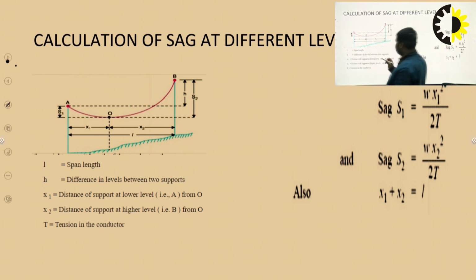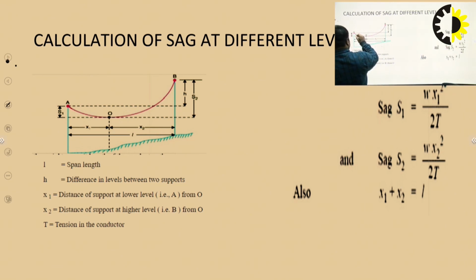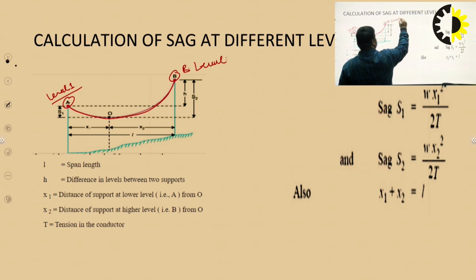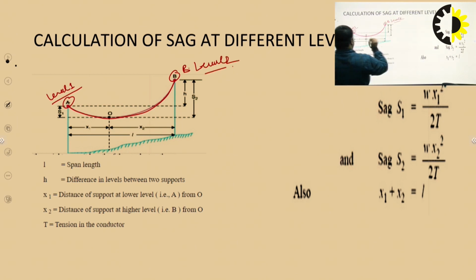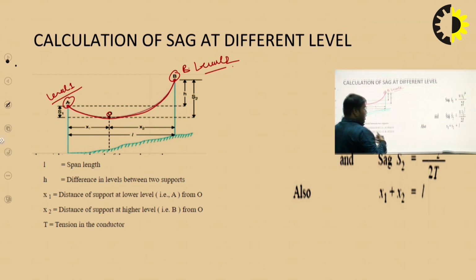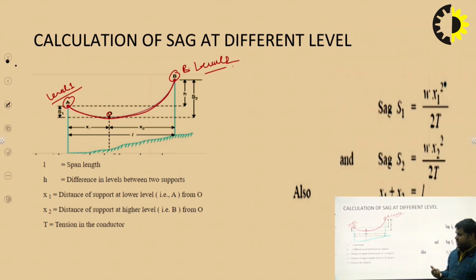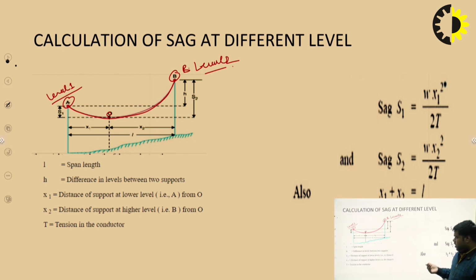So this is the conductor, and the point A is here and the point B is here. This is level 1 and this is level 2, and the point is O. So what is the effect on sag when the supports are at different levels?